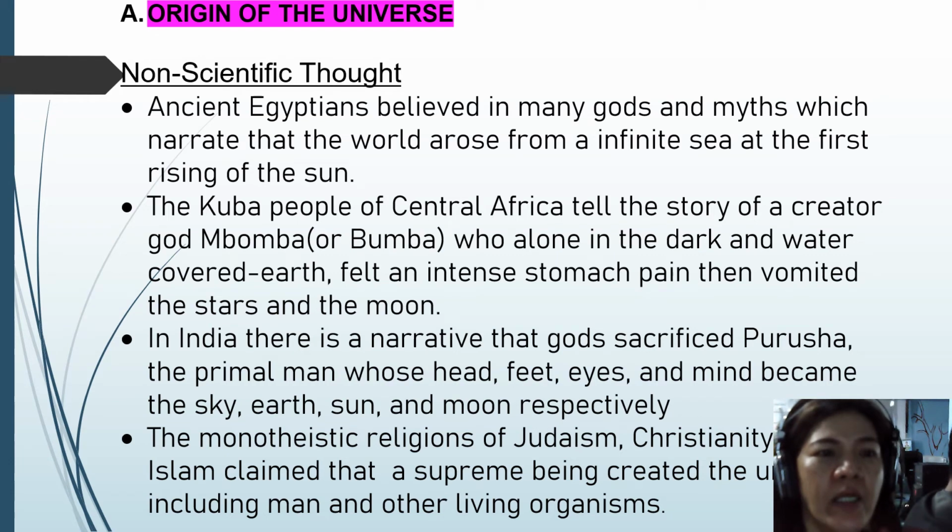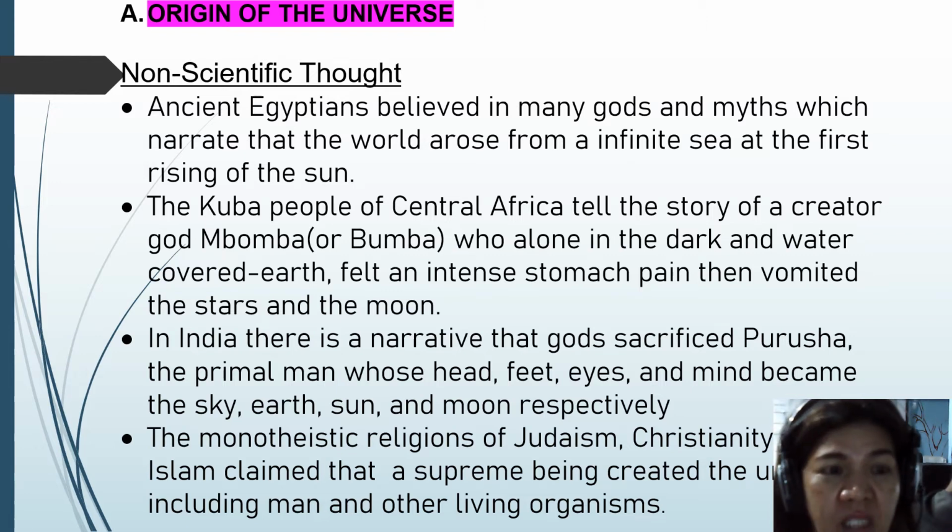Okay, now we have to also consider the non-scientific thought about the origin of the universe. So since we have been talking about the scientific evidence of the origin of the universe, now we are going to discuss the non-scientific thought of the universe.